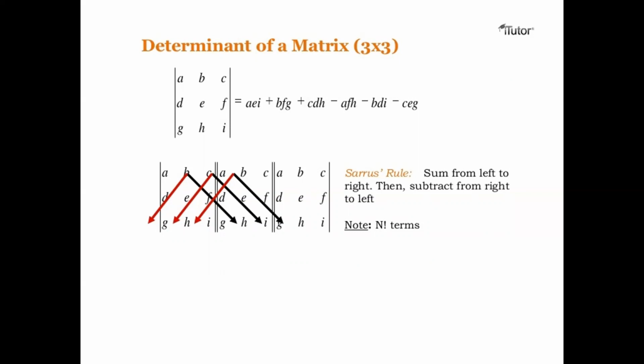Consider the same 3 by 3 matrix of values abc, def, ghi. Multiply the diagonals and sum them, then again subtract the products going from right to left.